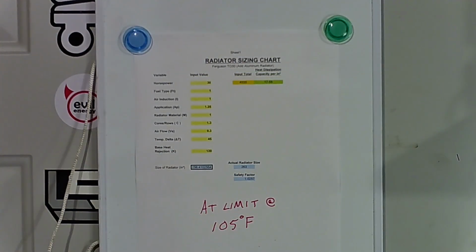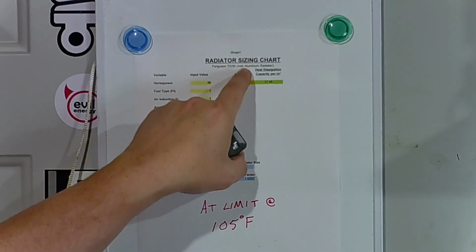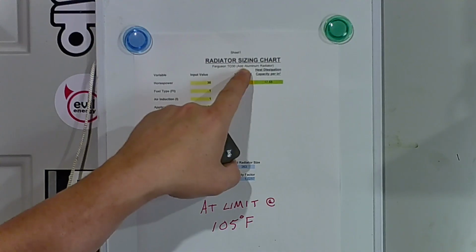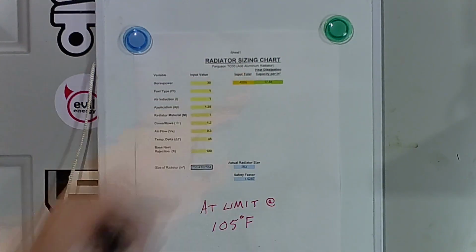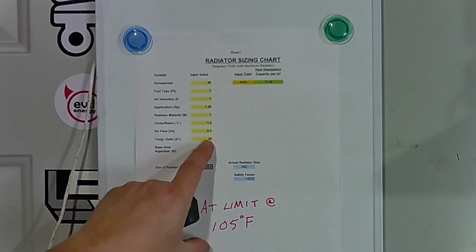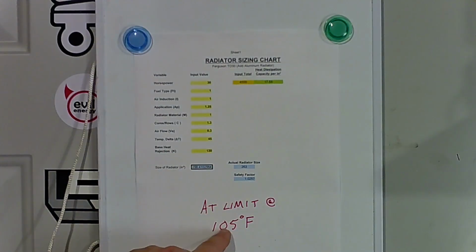The second thing I can do is swap out for a 3-core aluminum radiator. This is a $125 part. I can put my temperature delta all the way down to 45, so I can set it to where I'm outside up to 105 degrees.